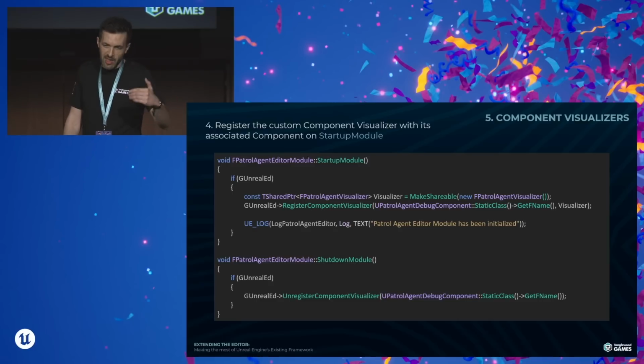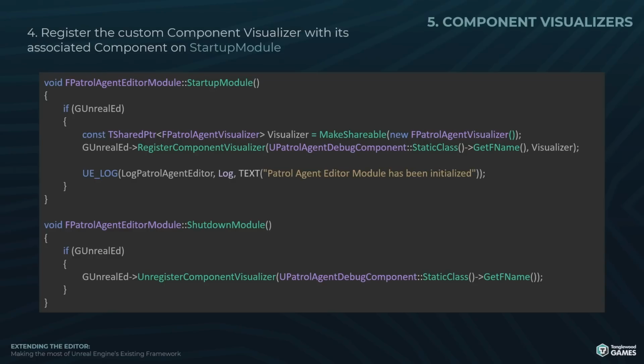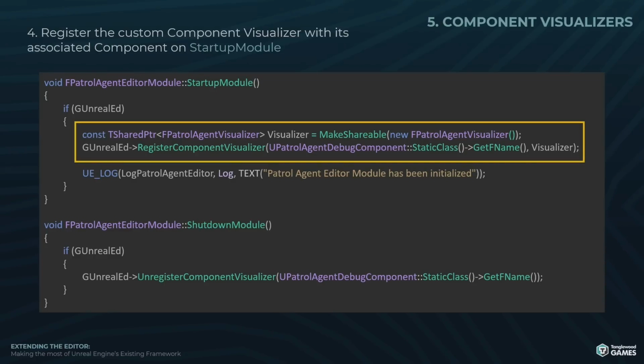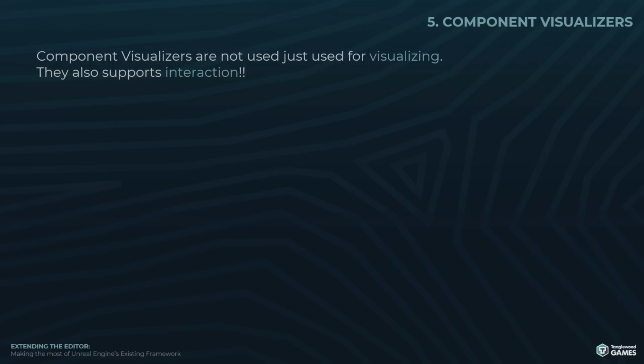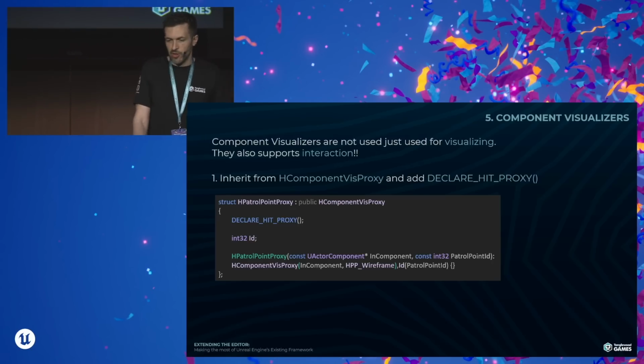And again, when we initialize a module, we have to make sure that we link this visualization with the class that we are modifying. As we said, the really powerful side of this is how we can actually control and modify that information through interaction. And for that, we use base proxies.